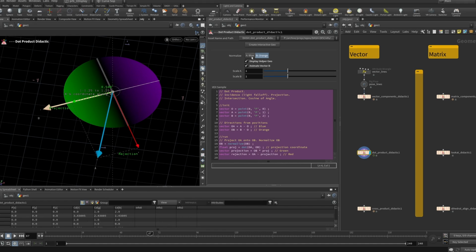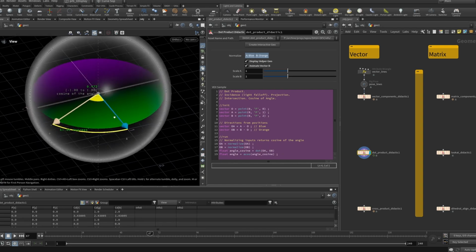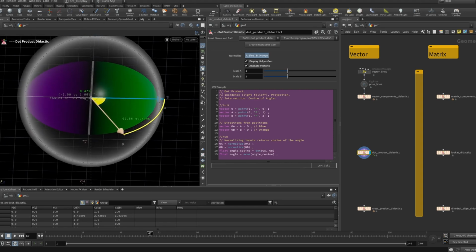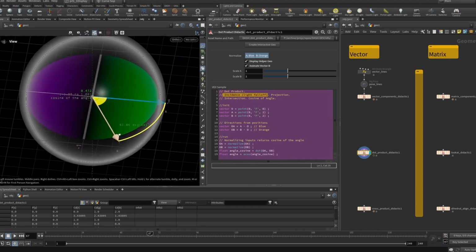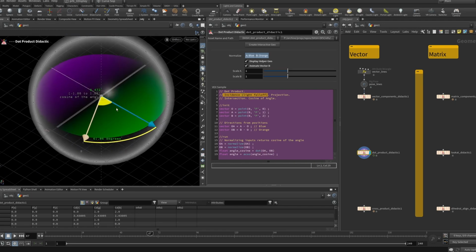Now, if I normalize both of them, A and B, what I get is the cosine of the angle. And this has a clear range of -1 to 1, right? This is like the same thing that is used in lighting fall off, the incidence. So it's a linear gradient. So we have the vectors having this angle, and the dot product gives me the cosine of the angle.